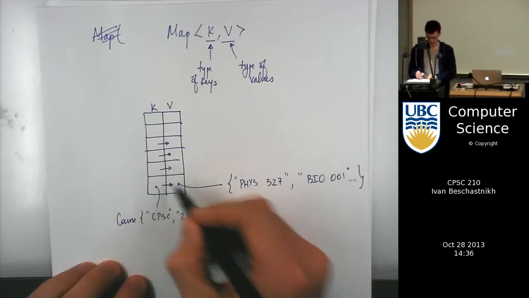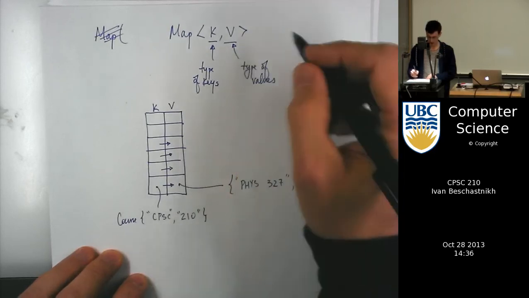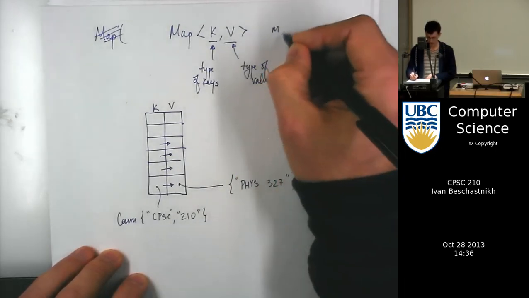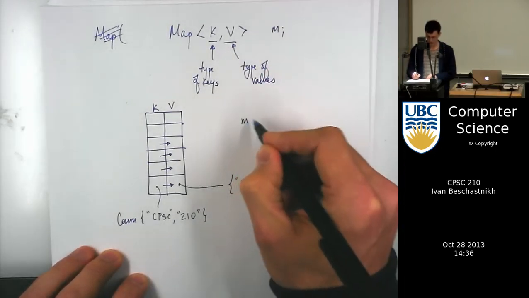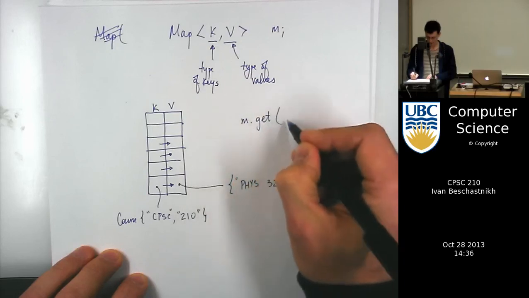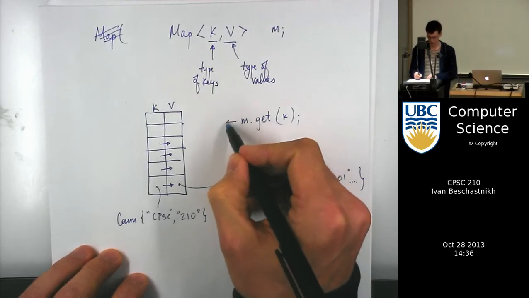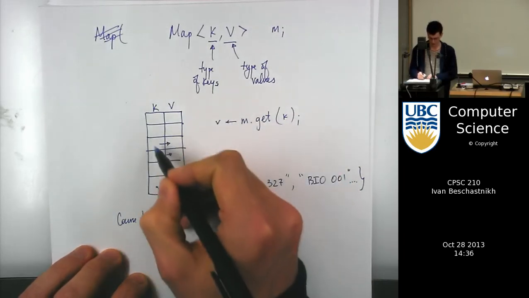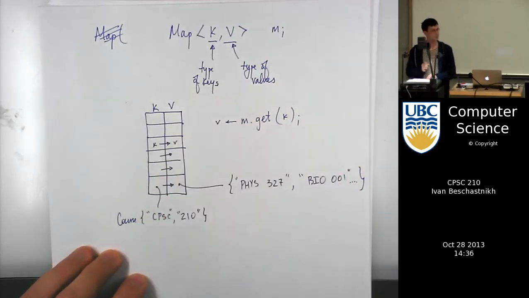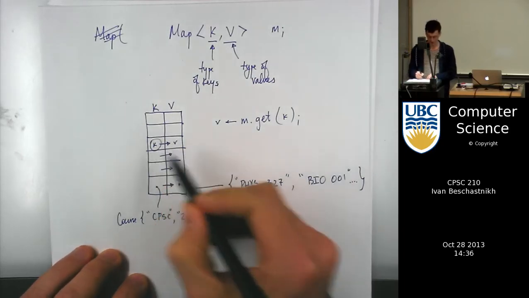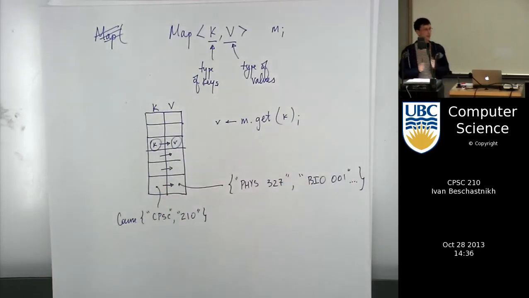So if I had a map kvm, I can say m.get, and I could get it some key k. And this will return some value v. So for this value of k, it'll give me back this value of v that's associated with it.